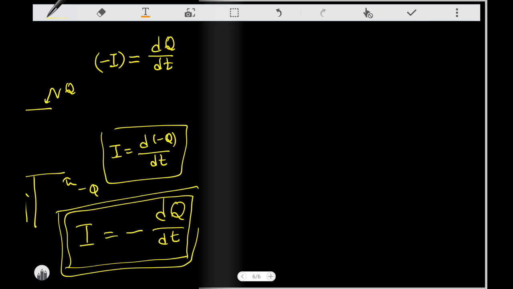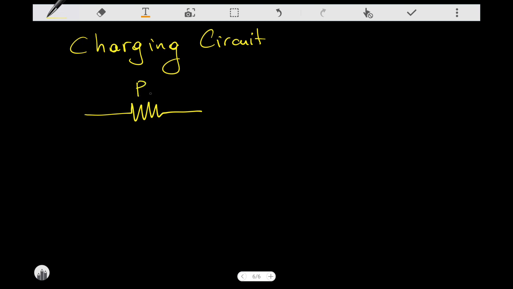Okay. So next, writing down the loop rule. I'm going to draw the charging circuit in here. I have a resistor, a capacitor, and an EMF device.